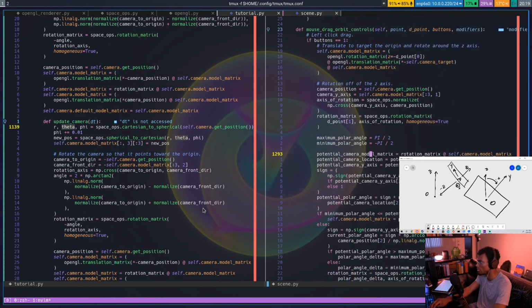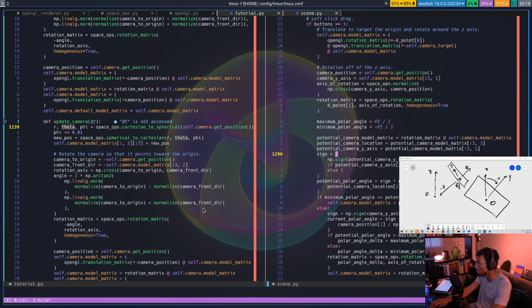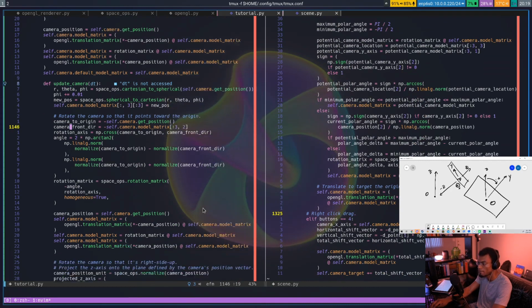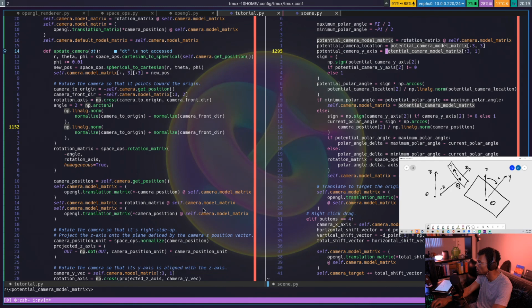Maybe I should just defer to the logic from the orbit controls. Potential camera model matrix. It's just a rotation matrix.